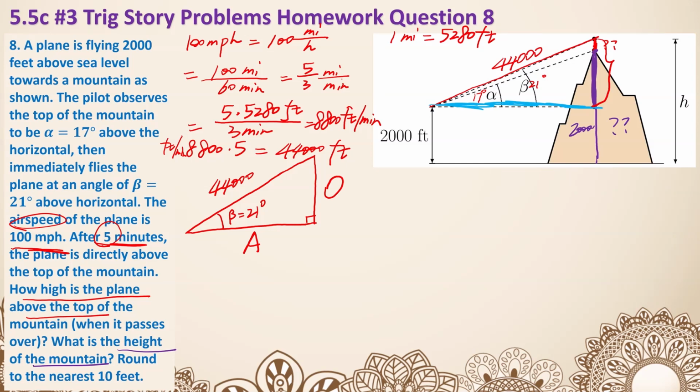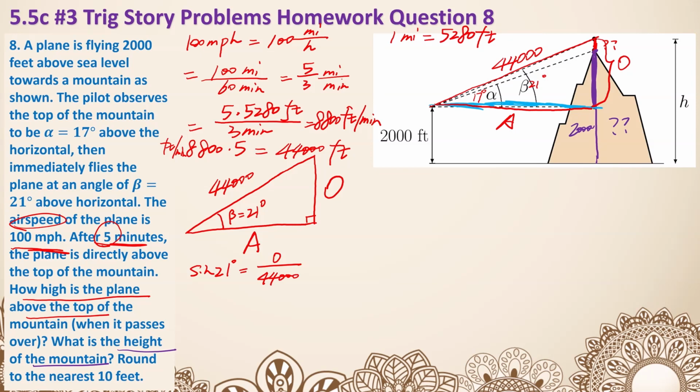So the opposite side is right here. And this is the adjacent side I'm referring to. And that adjacent side is being shared by the two triangles. So in order to find the opposite, we're going to need to use sine. So sine 21 degrees is opposite over 44000.